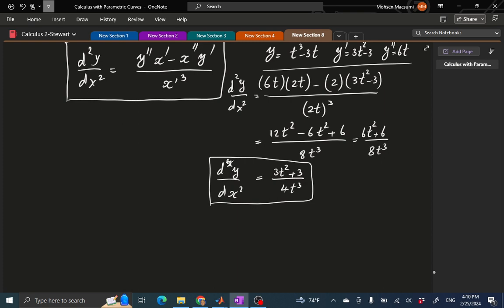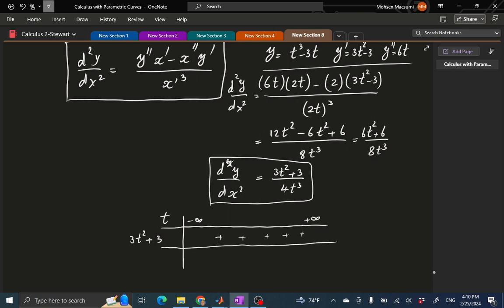So I do a sign chart for this, with the t-axis from minus infinity to plus infinity. Take the numerator and set it equal to 0. That never becomes 0. 3t squared plus 3 is always positive. This quantity never hits 0, so it does not influence the sign.